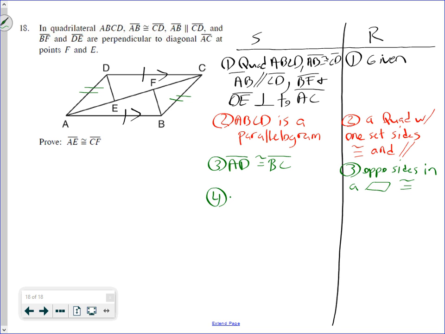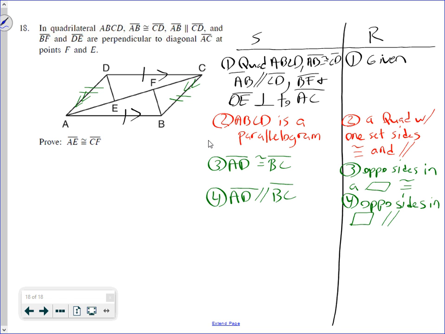I'm also going to talk about the same two sides being parallel, because there's definitely something else I can get out of that information. So just like above, except now opposite sides in a parallelogram are parallel. What did I use that for?